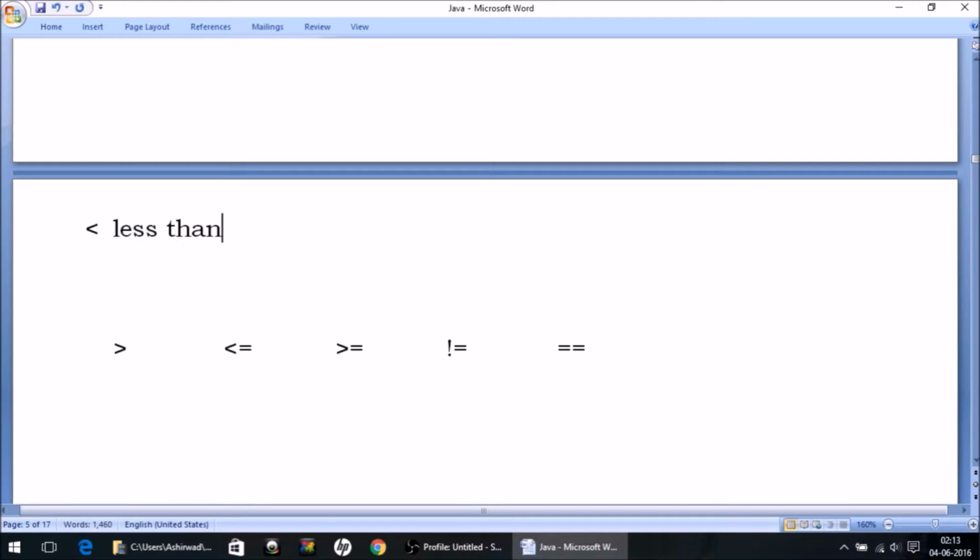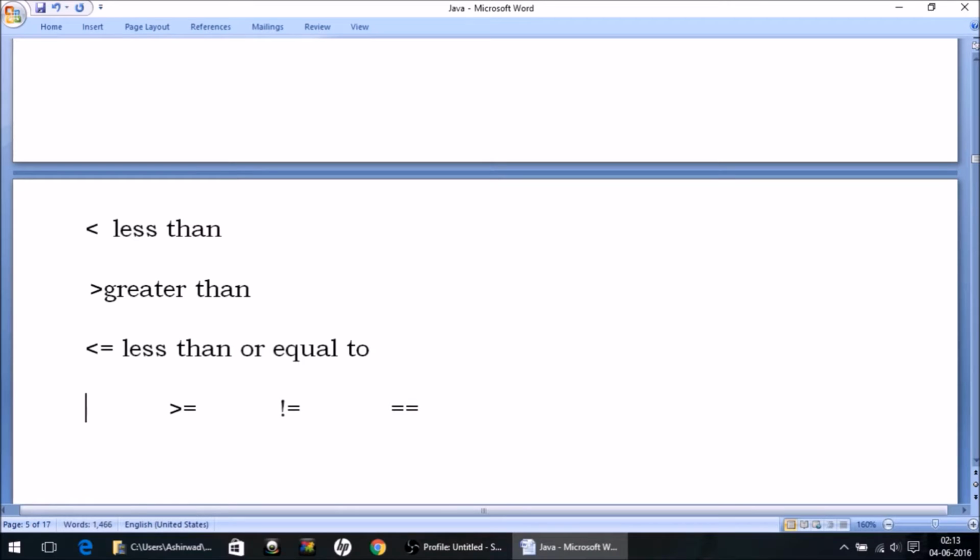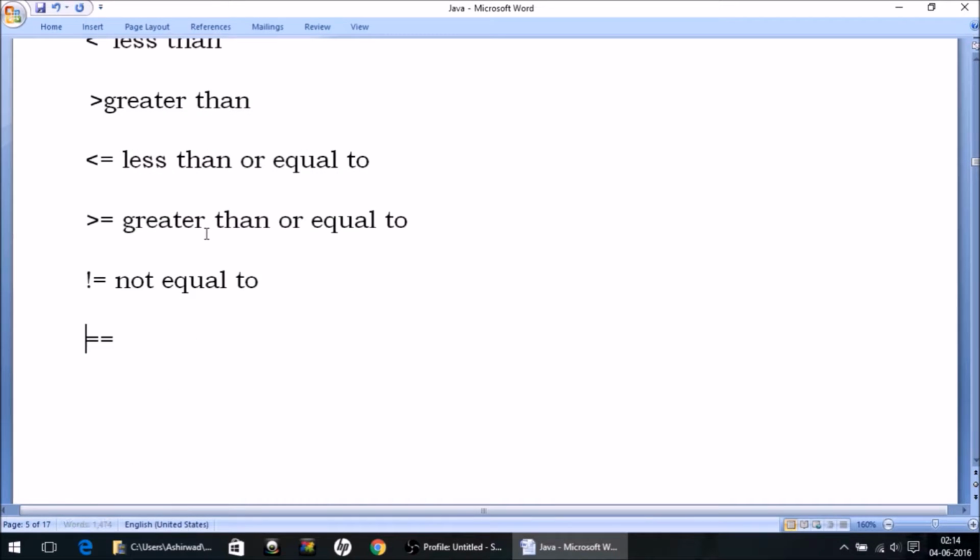This is less than, this one is greater than, this is less than or equal to, this is greater than or equal to, this is called not equal to, and this one is called comparison.